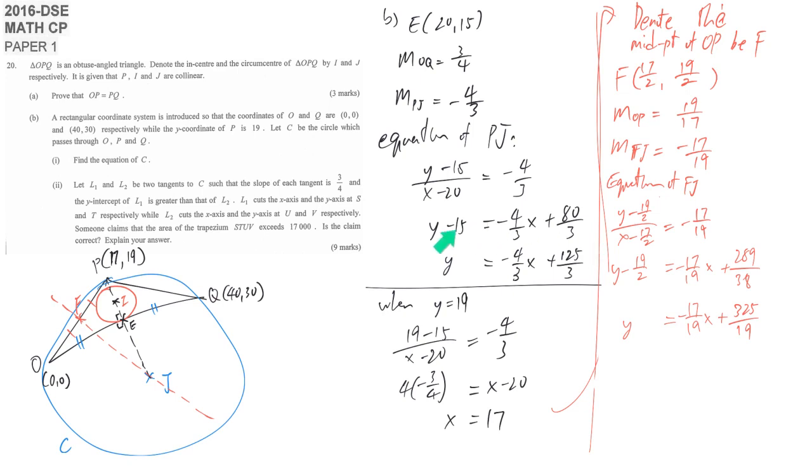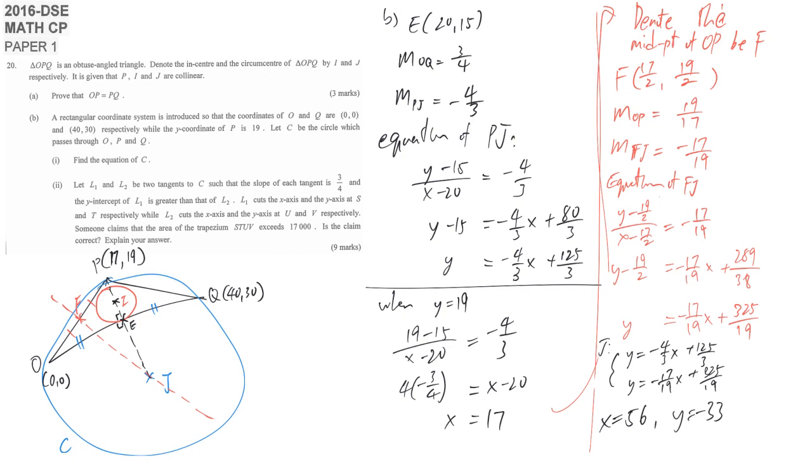So don't forget that we are going to compare the equation of PJ and the equation of FJ so that we can get the coordinates of J. For point J, y is equal to negative 4 over 3 x plus 125 over 3. At the same time y is equal to this. By solving this, we know that x is equal to 56 and y is equal to negative 33.